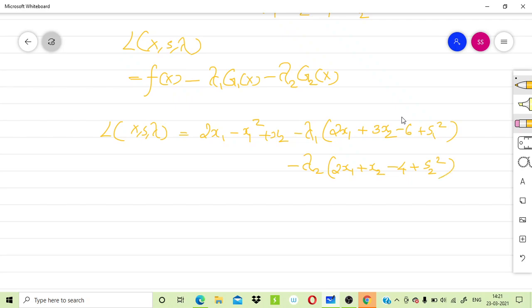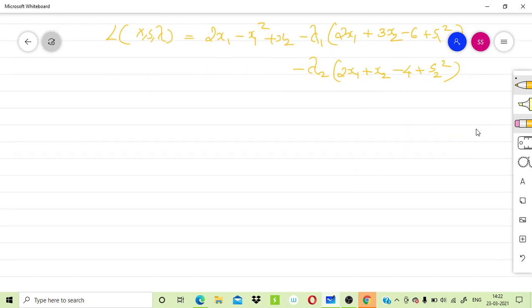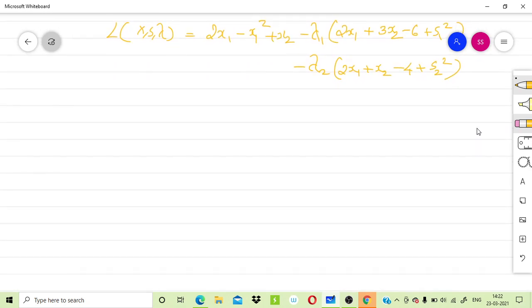Now the Kuhn-Tucker conditions you have to apply. After the formation of the Lagrangian function, how do we apply them? Since this problem is a maximization problem, you have to choose the Kuhn-Tucker conditions for maximization.